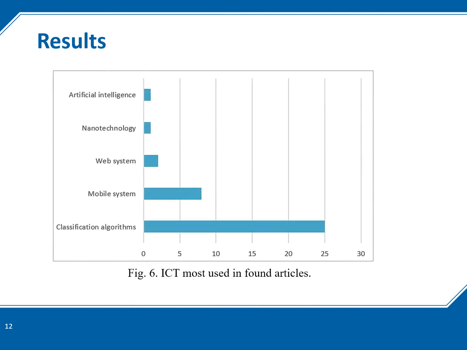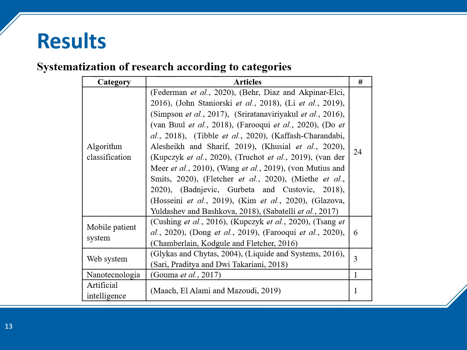This is another graphic of the ICT most used in the articles. Here we can see the number of articles for each category. For example, 24 for classification algorithms, 6 for mobile patient systems, 3 articles for web systems, and 1 article each for nanotechnology and artificial intelligence.